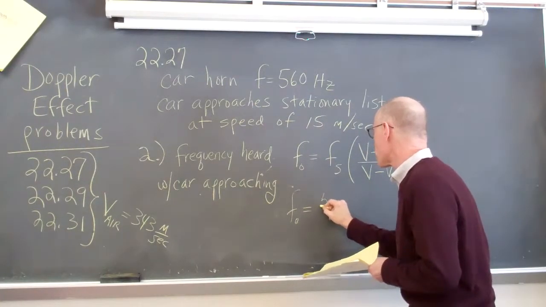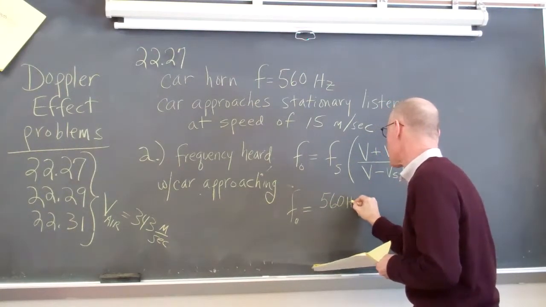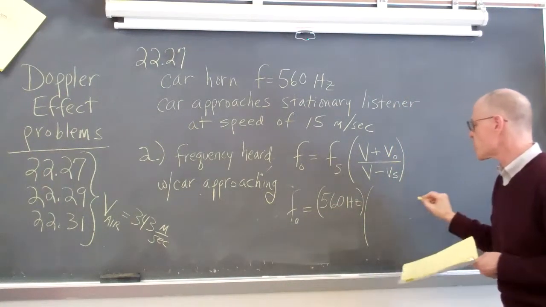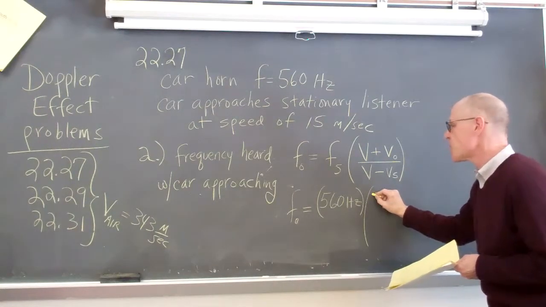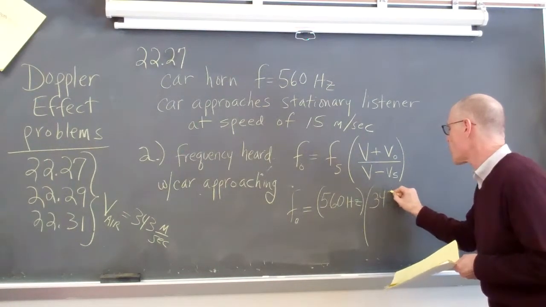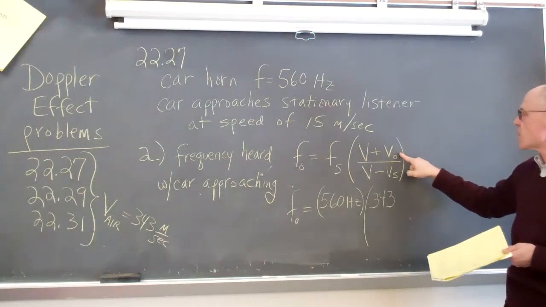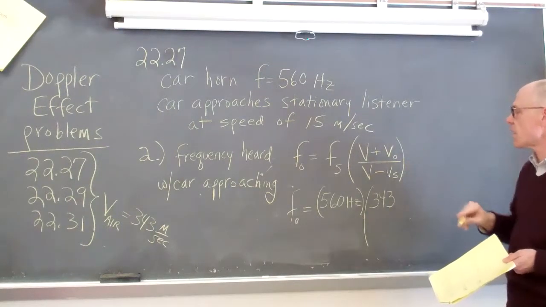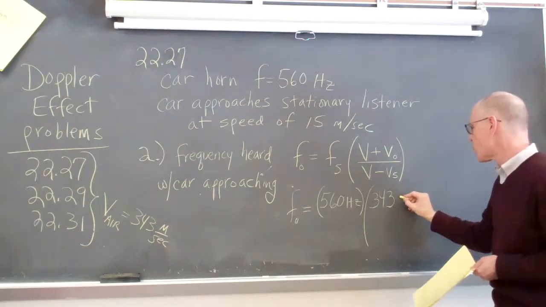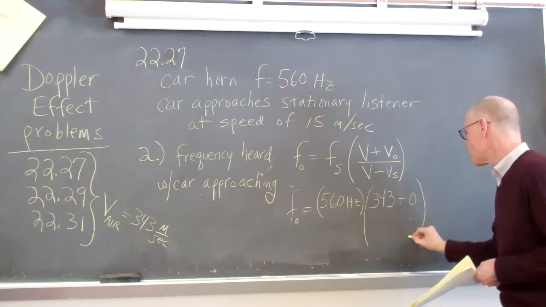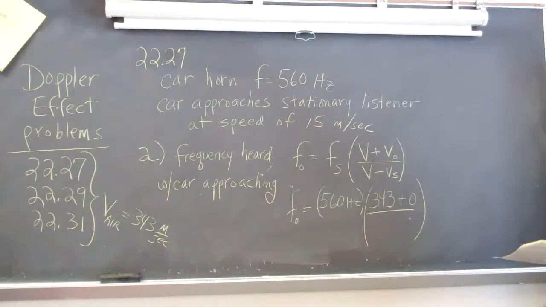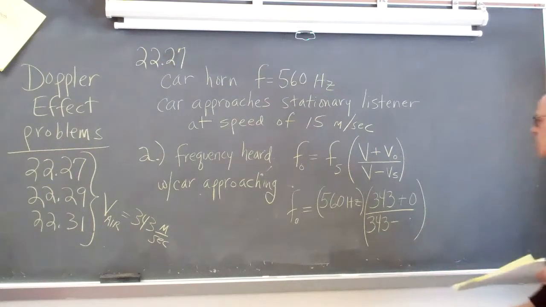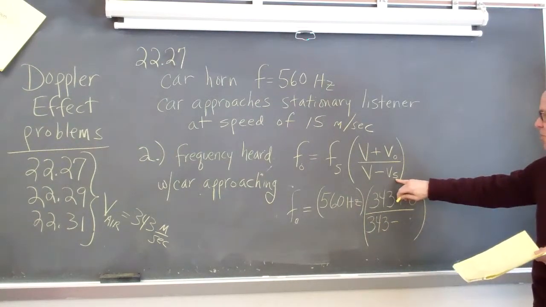So the frequency heard by the observer equals 560 hertz, the frequency being produced by the source, and we'll multiply that by the speed of sound in air, 343, plus the speed of the observer. We're told that the observer is stationary, so that would be plus 0, divided by 343 minus the speed of the source.